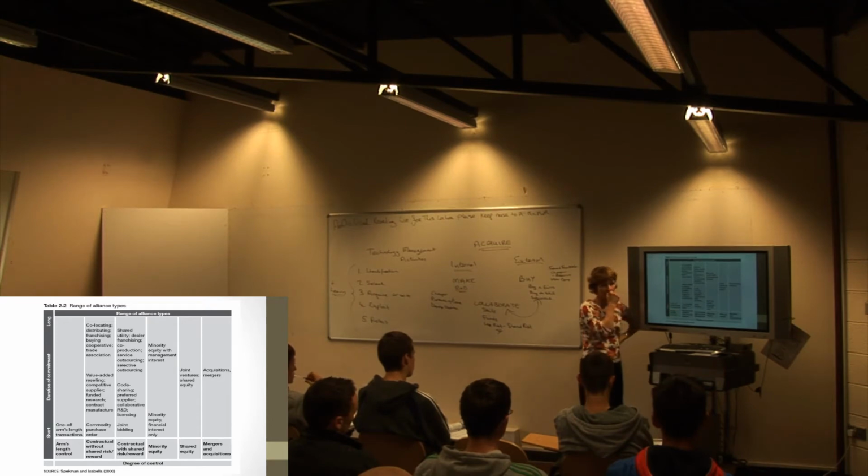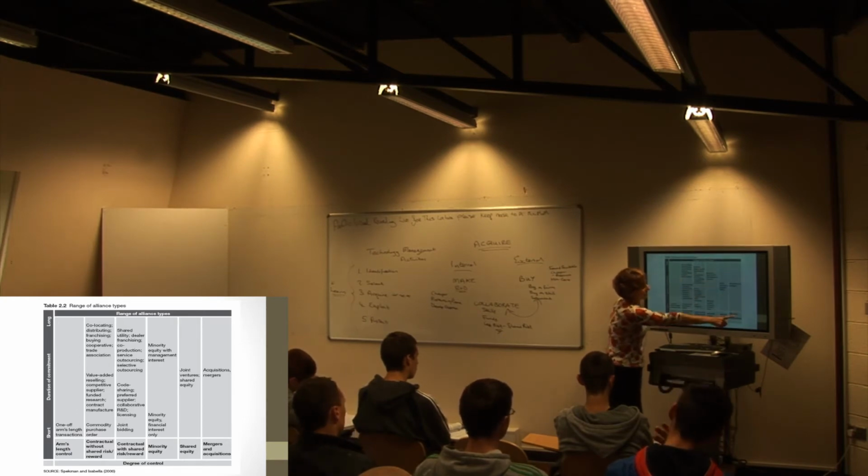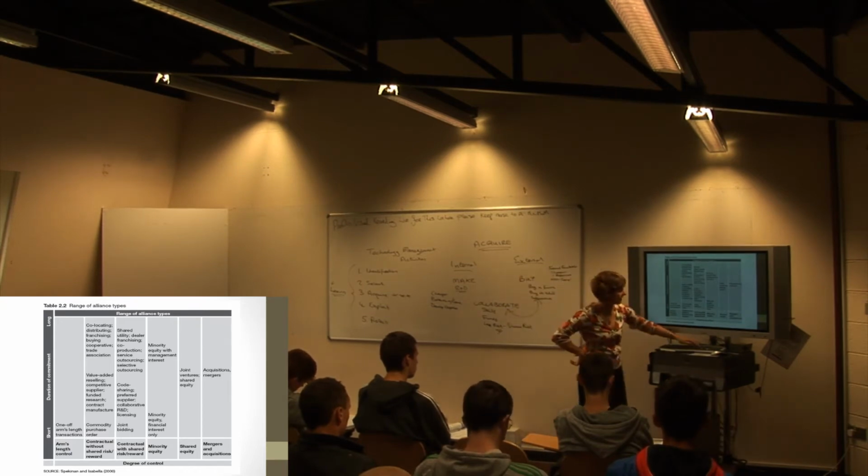Or maybe you get someone in to do a bit of industrial design on your product. Again, it will tend to be a short relationship, and you just don't have much control. You'll take whatever they design for you. Whereas at the other end of the spectrum, you might have something much longer term, like mergers and acquisitions, where you're taking over companies and doing a lot more detailed work with them.